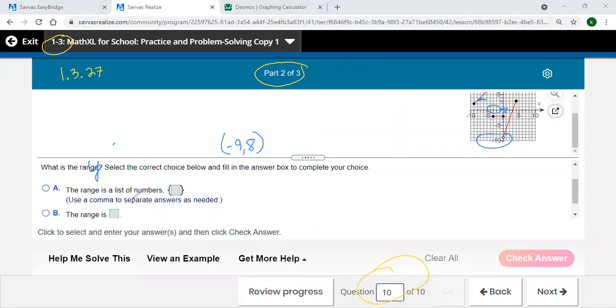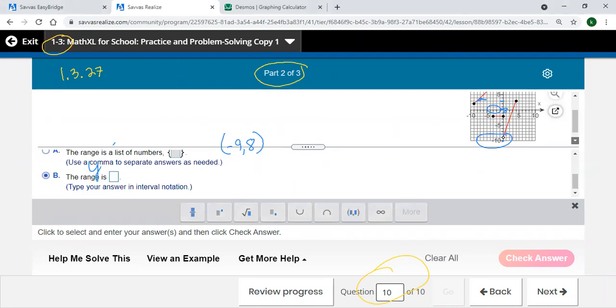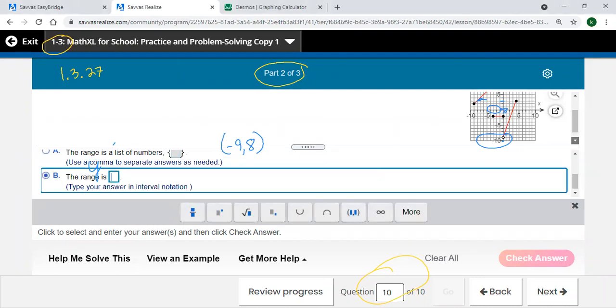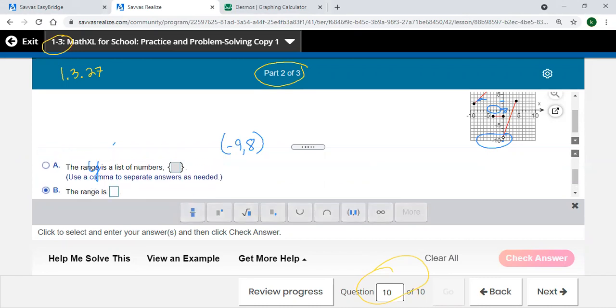So it's not a list of numbers, it's continuous. So the range is in interval notation. Down here, I'm going to put it in here. The top one, the sets with those brackets, if you don't notice those brackets right here, that's going to be a list of numbers in there.